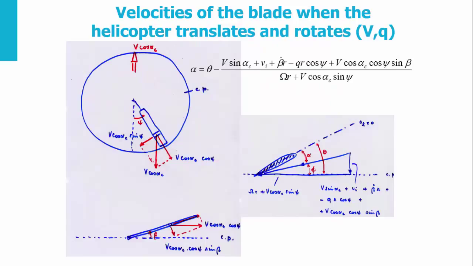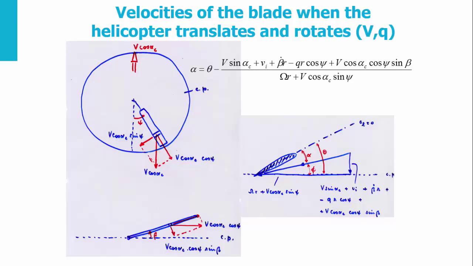What is the aerodynamic moment on the blade element? We go back to the blade element and recall what are the velocities of the profile. The advancing velocity, v cosine of alpha c, remember that we are in a control plane, can be decomposed in a velocity along the blade and perpendicular to the blade element.